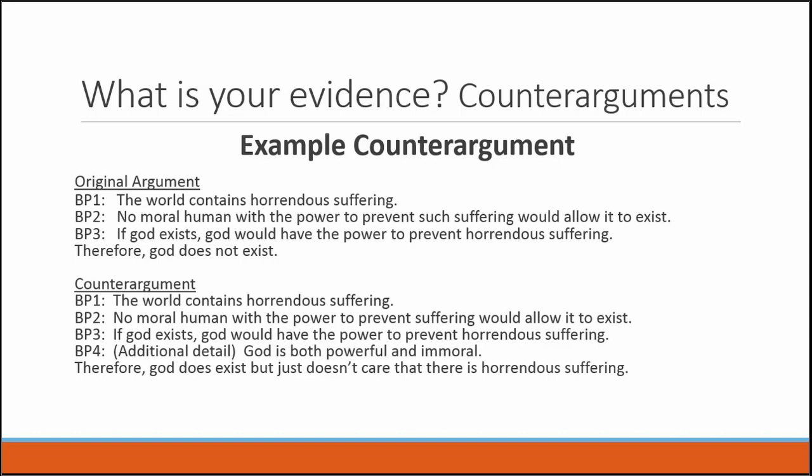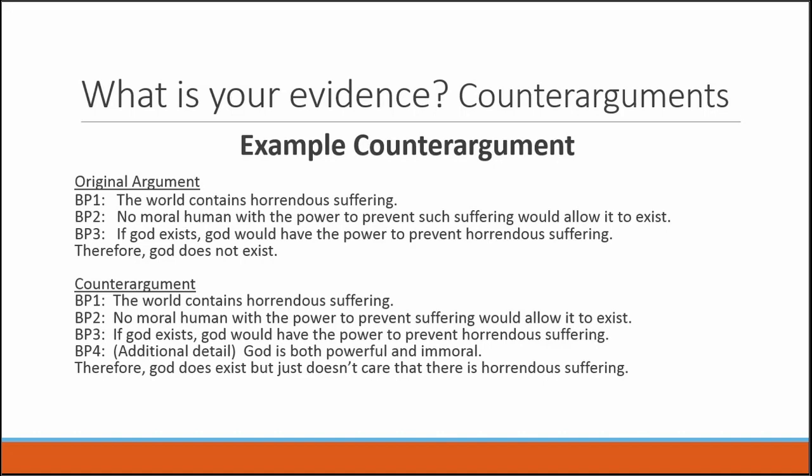So notice about the counterexample, it has the same first three basic premises as the original argument. So we're accepting all those premises as true, but we're adding this additional detail. God is both powerful and immoral, and this additional detail allows us to derive a conclusion which is the opposite of the conclusion from the original argument.